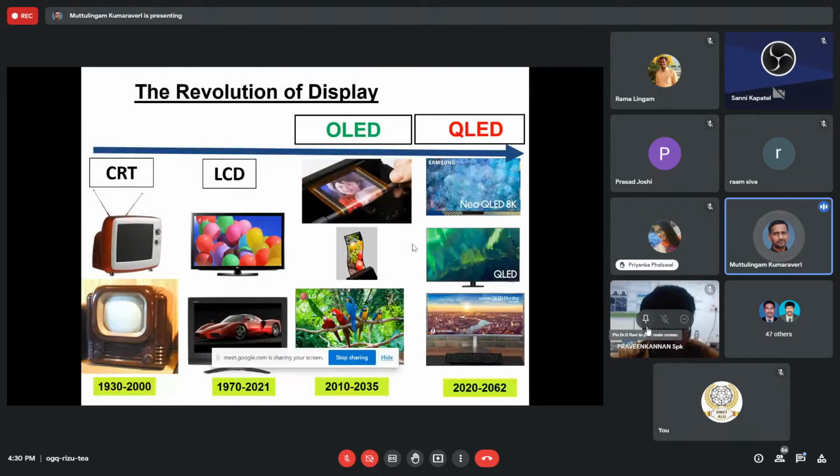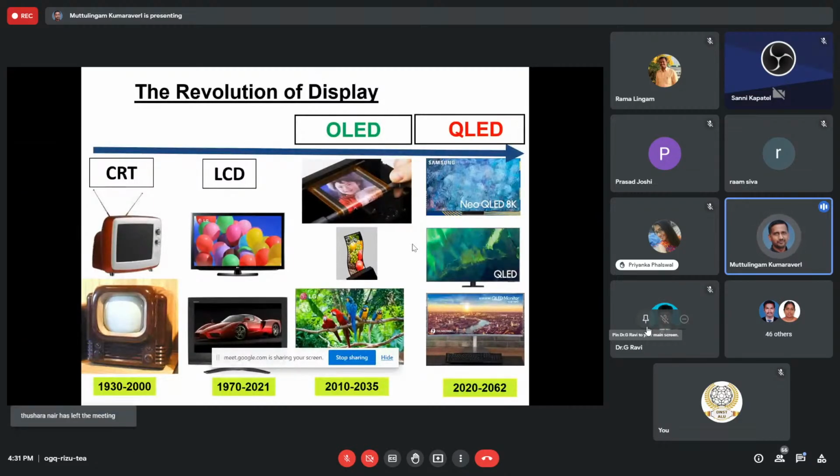Then it is still being used, and it moved to the OLED display, which I'm very keen on because I started with OLED displays. The OLED display has a lot of benefits because it can be rollable, it can be made into a curved display, and any size is possible.